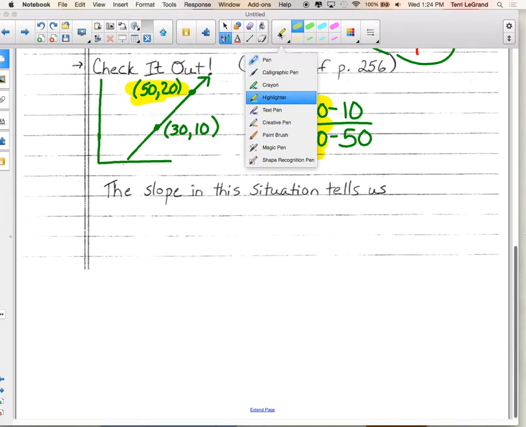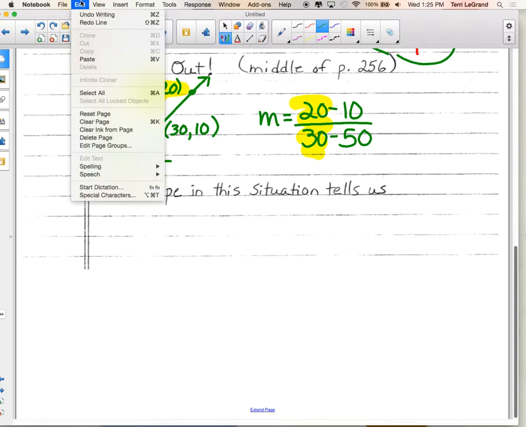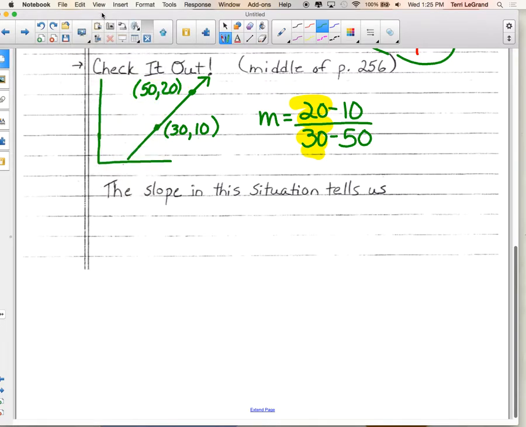We cannot do that. We have to make sure that we keep the order. So we need to change these around, don't we? 20 take away 10 is 10. And 50, we can't really subtract backwards, but instead of rewriting it, I'm just reversing it. 50 take away 30 is 20.